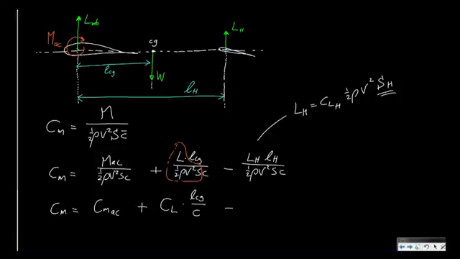So we have to write this here: CLH times half rho v squared SH times LH. And that has to be divided by half rho v squared SC. And we see that some things cancel out easily, the half rho v squared, but not the S or the C.